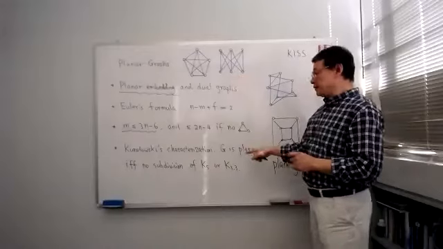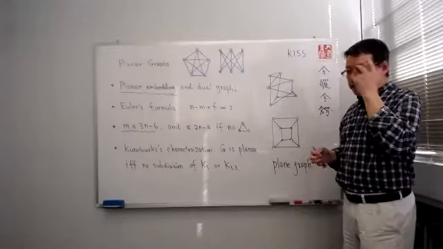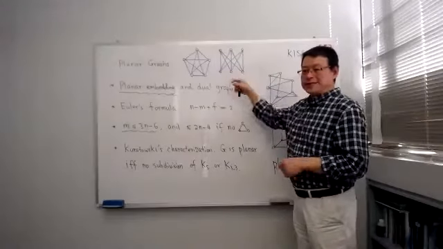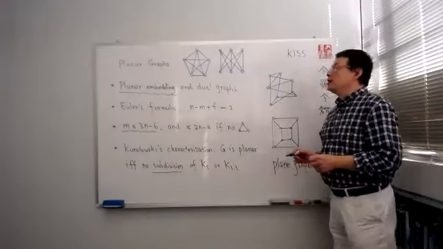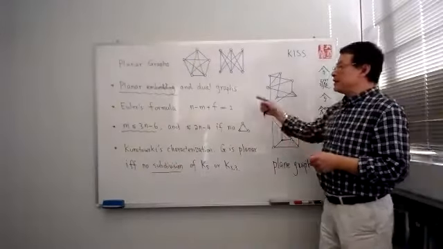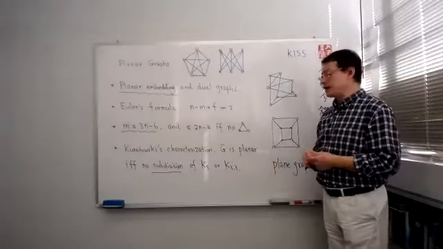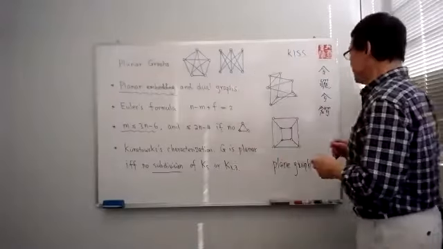Kuratowski's theorem says that a graph is planar if and only if it does not contain either of these graphs or a subdivision of them. I will introduce the notion of subdivision later. So that's the main thing we're going to discuss today.